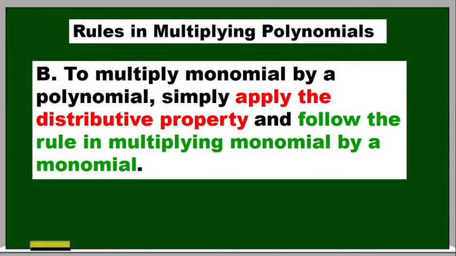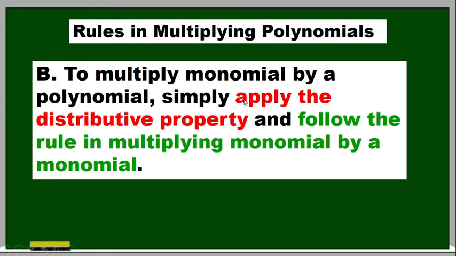Next rule in multiplying polynomials. To multiply monomial by a polynomial, simply apply the distributive property and follow the rule in multiplying monomial by a monomial. Okay, so we have two processes in multiplying monomial by a polynomial.